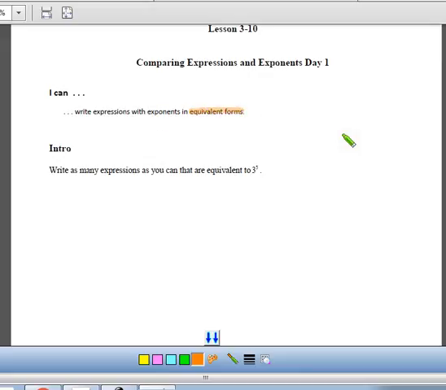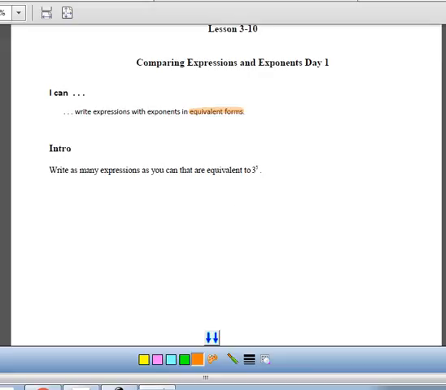So, we will be taking our knowledge of exponents and trying to apply it to the examples, and then coming up with equivalent forms or something that is basically the same.